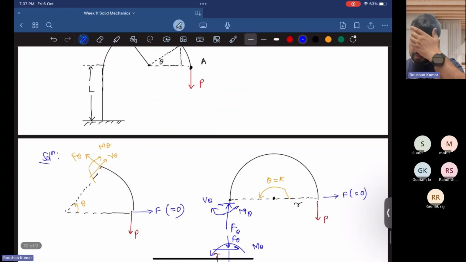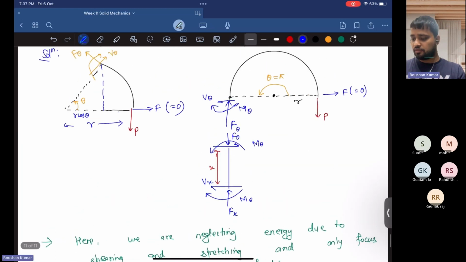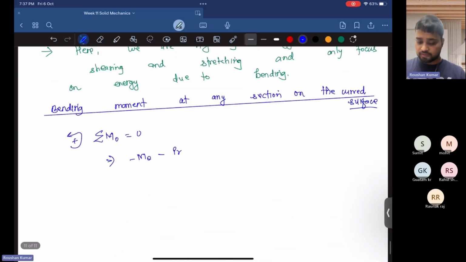If you see in the figure, this is R and this is R cos theta, so this distance becomes R into 1 minus cos theta. So minus M theta minus PR into 1 minus cos theta plus FR sin theta equals 0.